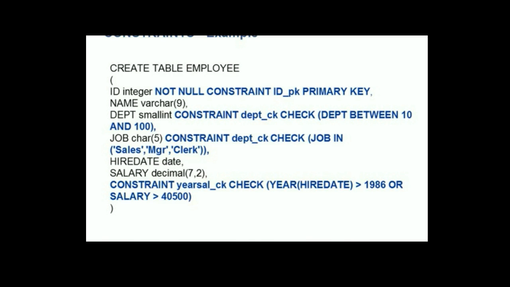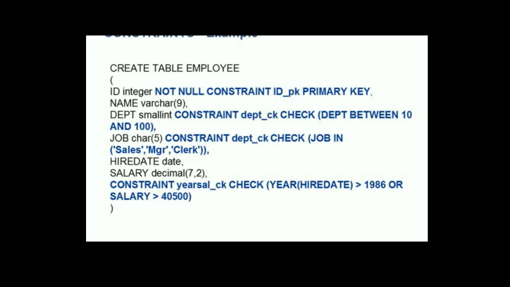For this table, 4 constraints should be satisfied before any data can be inserted into the table. These constraints are primary key constraint on the column ID. This means that no duplicate values or nulls can be inserted.